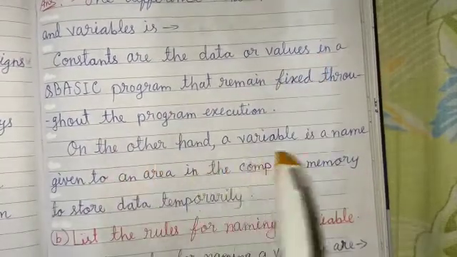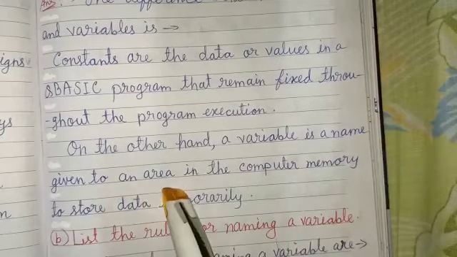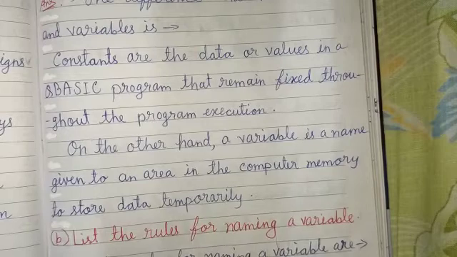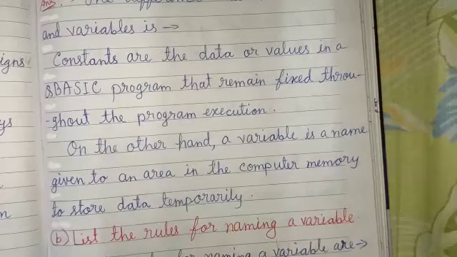On the other hand, a variable is a name given to an area in the computer memory to store data temporarily.